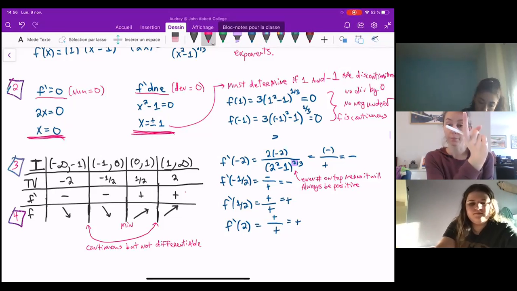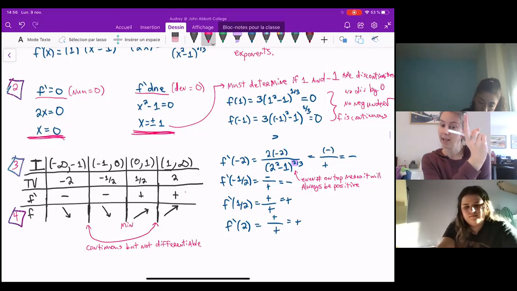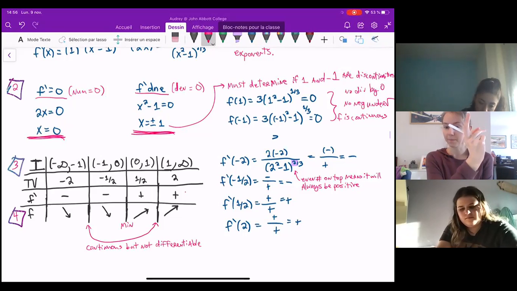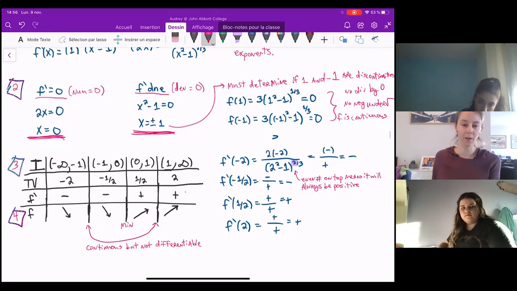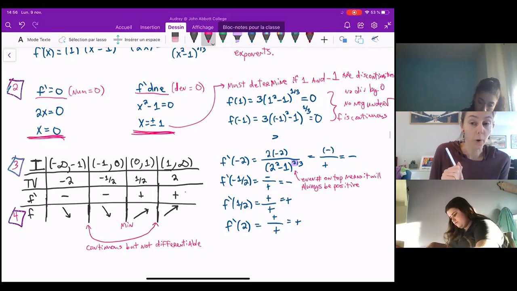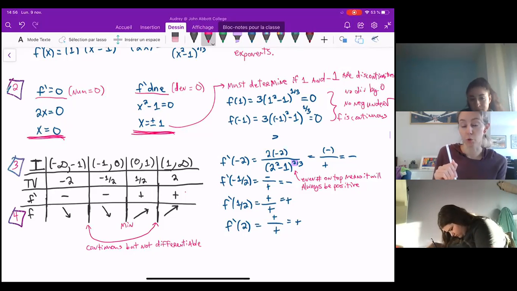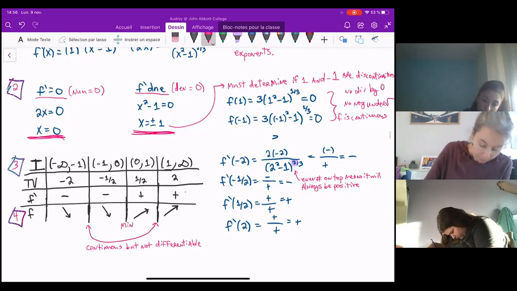Cusps and corners. And vertical tangent lines. Good job, Mikhail. Good job, Gwen. So in other words, I know that those are either cusps or corners or vertical tangent lines.